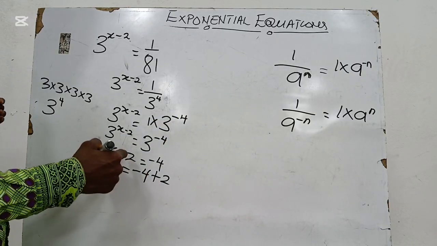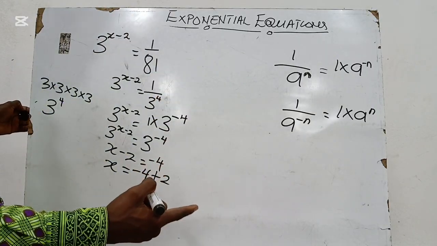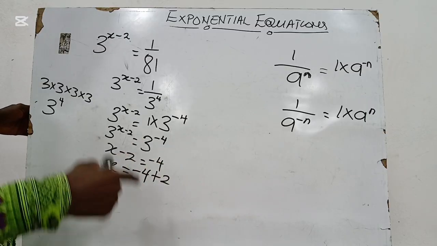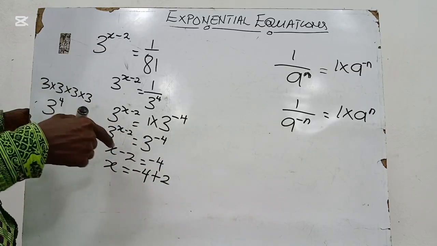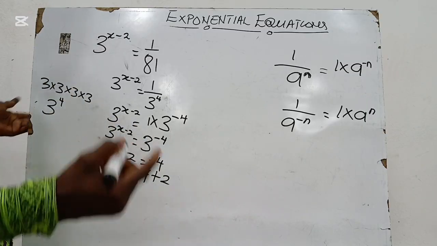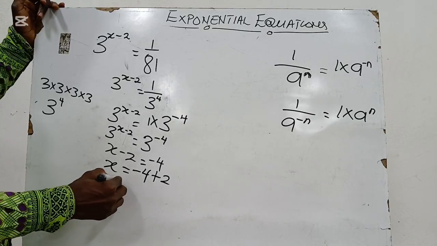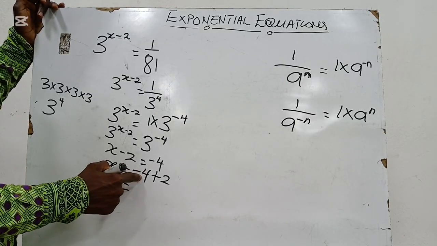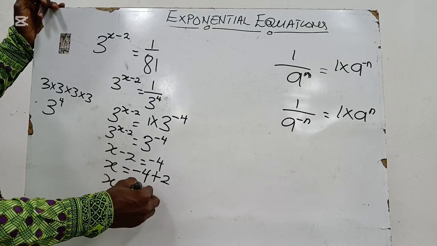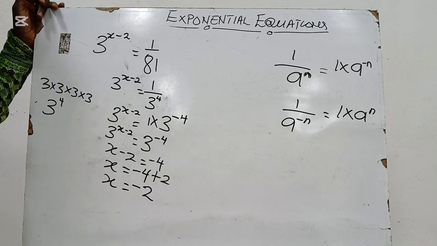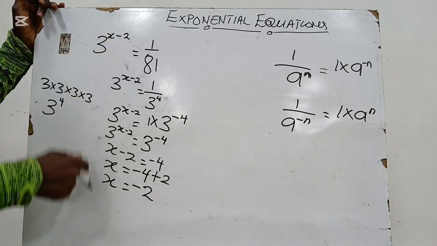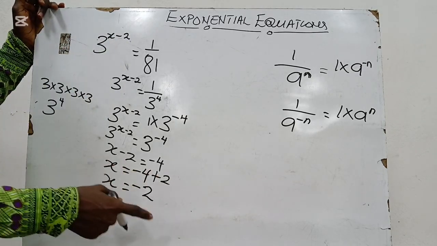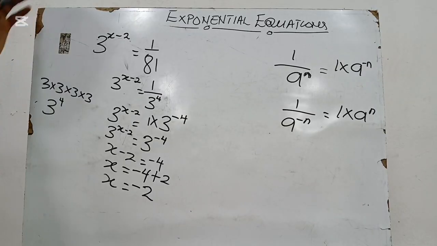When a positive number crosses the equal to sign, it becomes negative. And when a negative number crosses the equal to sign, it becomes positive. So x is equal to minus 4 plus 2, which is minus 2. So for this question, our x is equal to minus 2. I hope this makes sense.